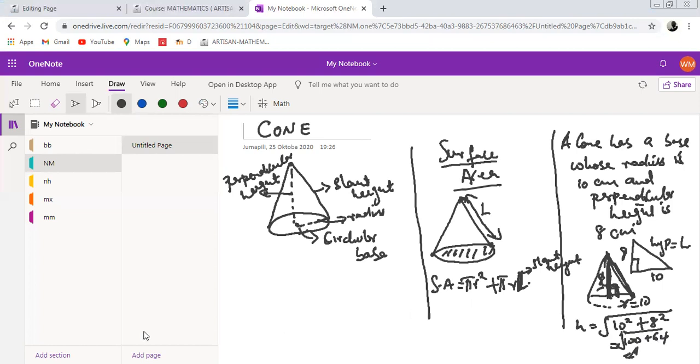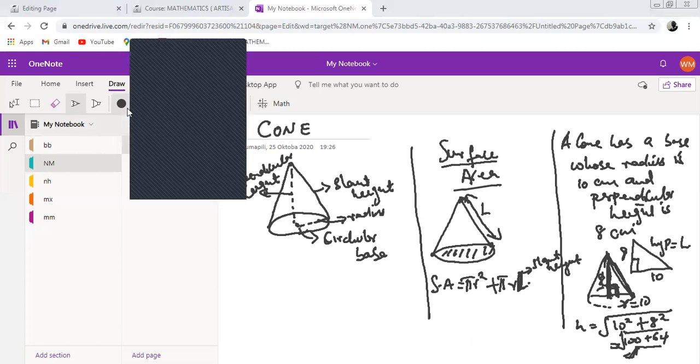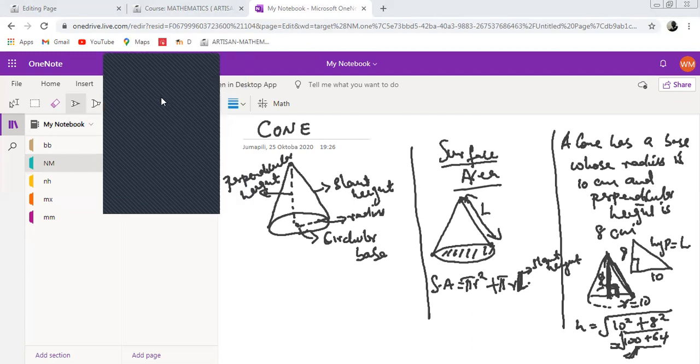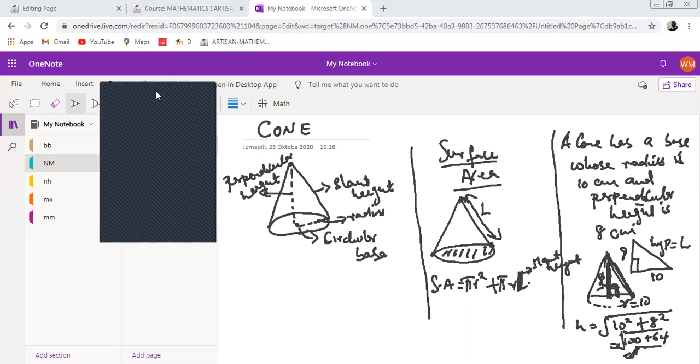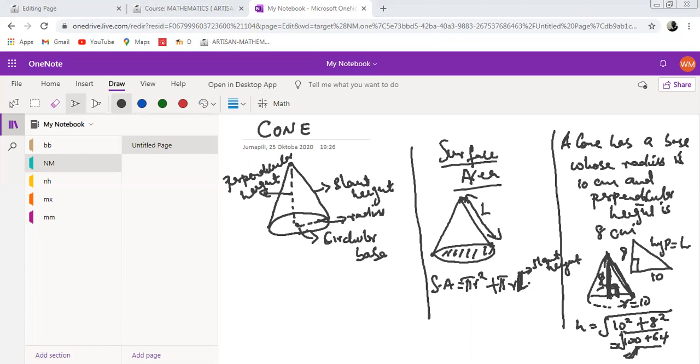So we need to come here and get our calculator, and we do the computation: the square root of 164.